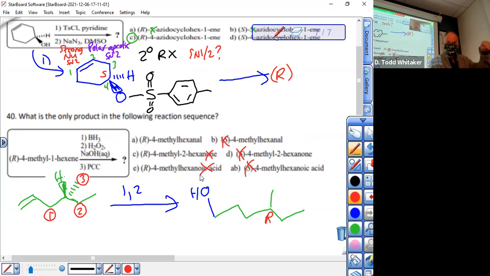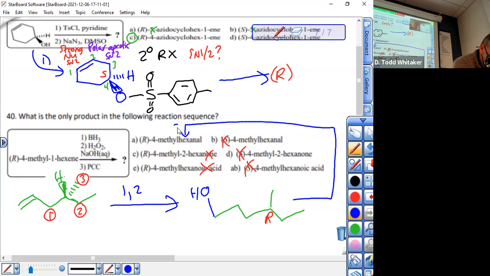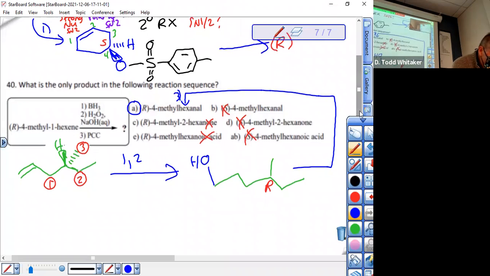I'm going to make choice C the right answer in a different question when I'm done. I anticipated her question. But yeah, we're making aldehyde. So I'm just going to say 3 goes to aldehyde. And that's the answer.